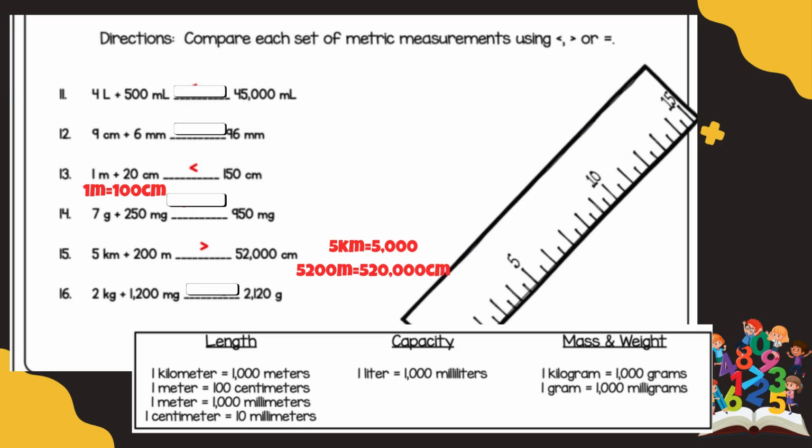And my total is 520,000 centimeters. That is greater than 52,000 centimeters. You're going to do the same thing with the others. Remember, turn them to the smaller units so that you can clearly compare both sides.